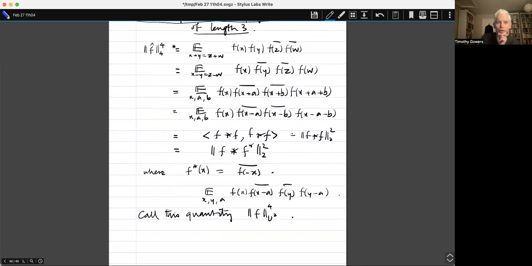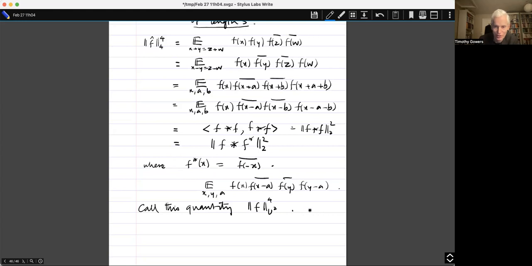Because it's the fourth power of a norm, which we see very easily from this expression here, although it can be proved without Fourier analysis, as we'll see later on. So if we haven't got the fourth power, we say this is the u2 norm of f. So the fourth root of all these things is the u2 norm of f.